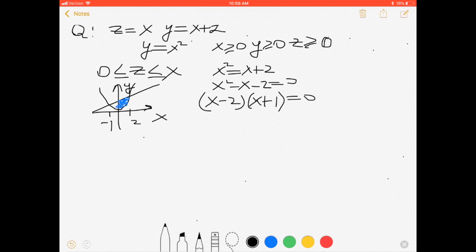But remember, we have some region that I'm showing you in blue. This means y changes between the parabola x squared and the line x plus 2, and x changes between 0 and 2.